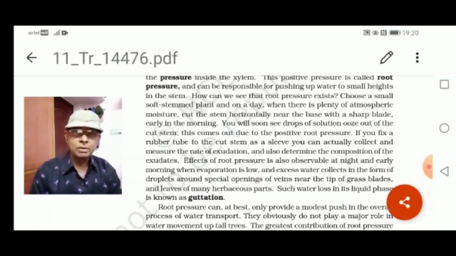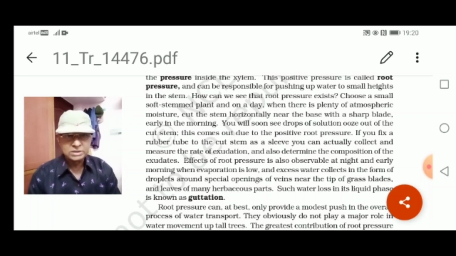When the excess amount of water is evaporated through the stomata of the leaves, that is called transpiration. When the excess amount of water is lost at the tip of grass leaves and some herbaceous plants in liquid form, that is called guttation.